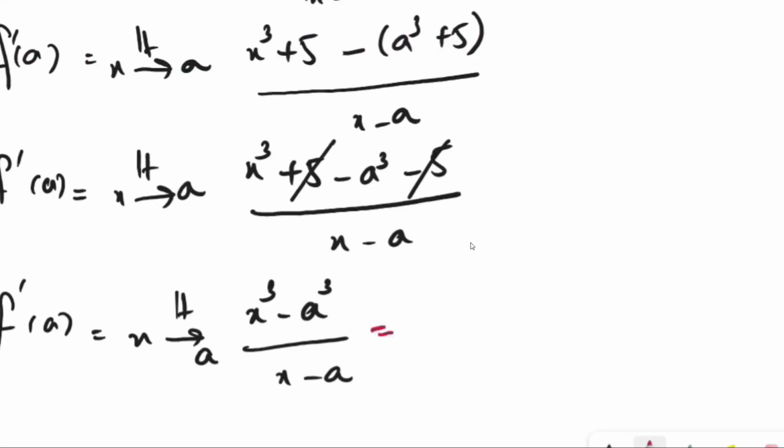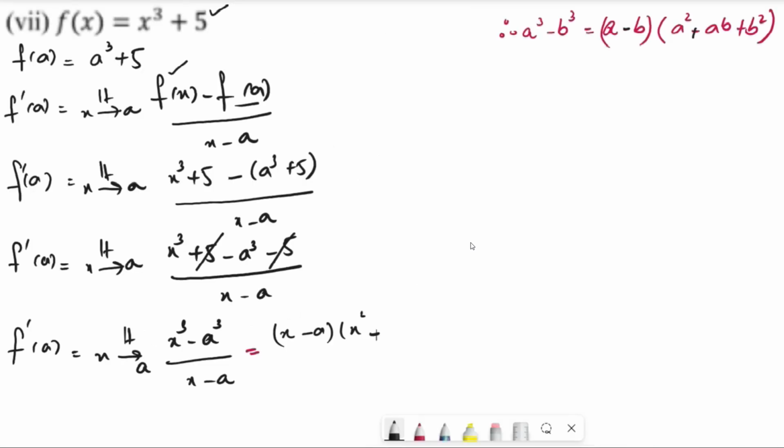Now we are going to use this formula over here. It will be x minus a, x square plus a into x, multiple of these two, plus a square divided by x minus a. x minus a is cancelled with x minus a and limit x approaches to a.